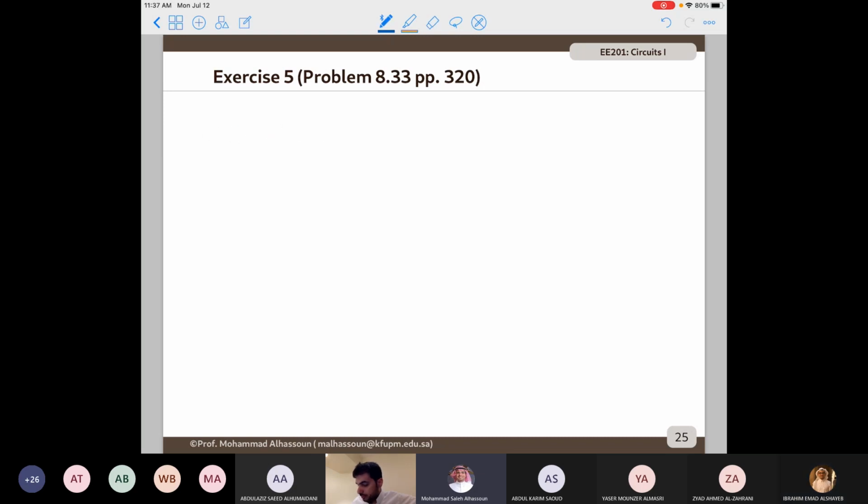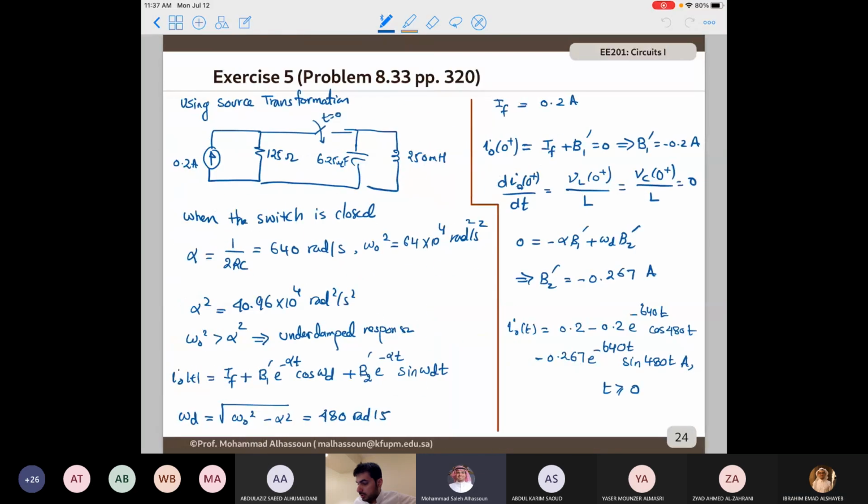Shouldn't cosine omega d be there? Cosine omega d multiplied by t, right? No, you cannot, because cosine omega d is a function of t. The argument of the cosine is omega d multiplied by t.